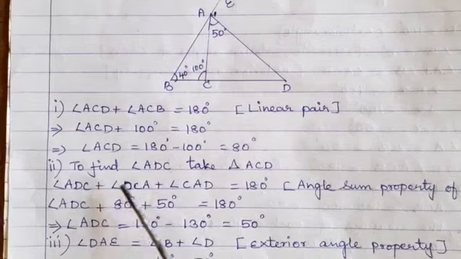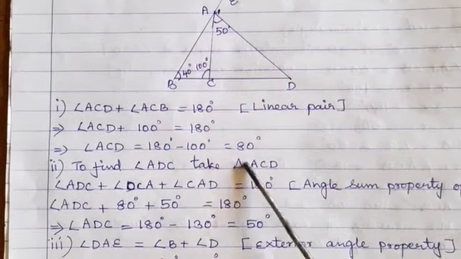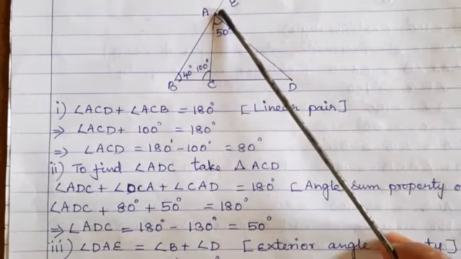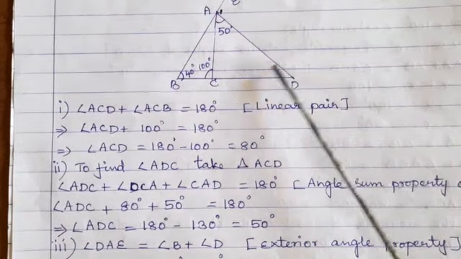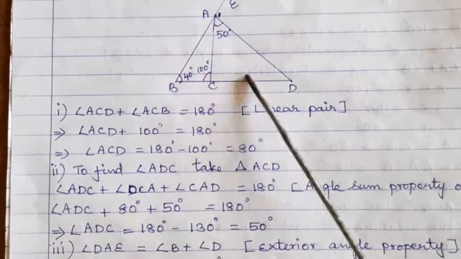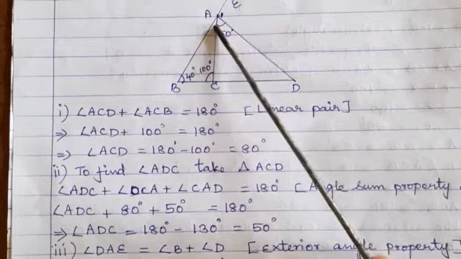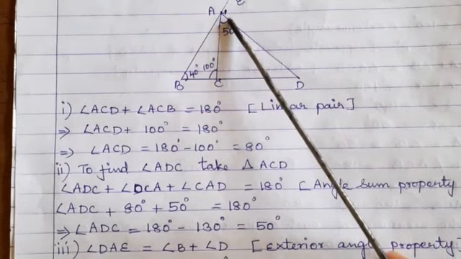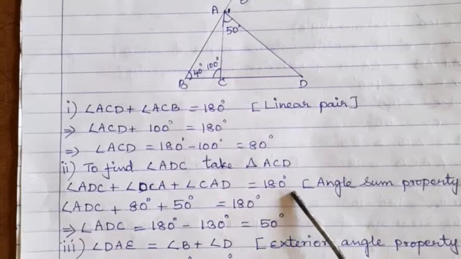Now to find angle ADC, we have to take the triangle ACD. So angle ADC, plus angle ACD, plus angle CAD, because angle A is divided into two angles, so we will write it in this way, CAD, that is equal to 180 degrees.